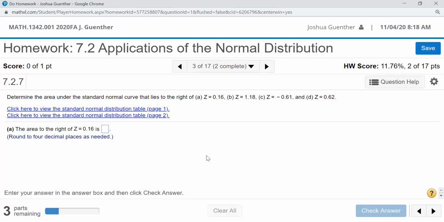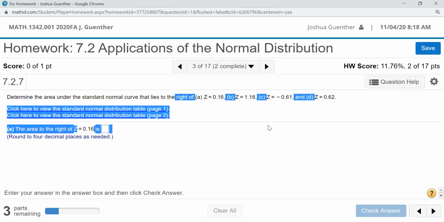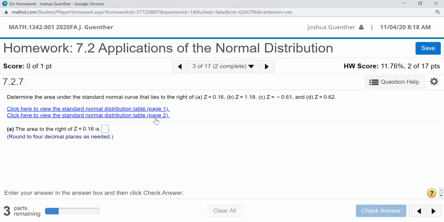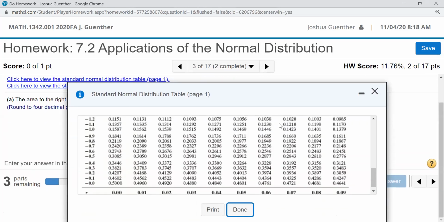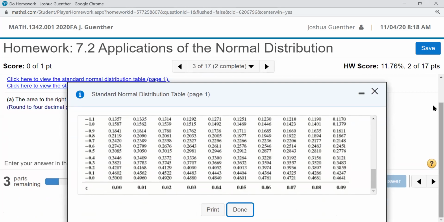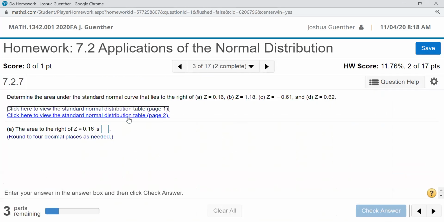So now, that's great. Now we want the area to the right. Well, now for some reason they're splitting our z-charts into negative and positive z-scores. Okay.